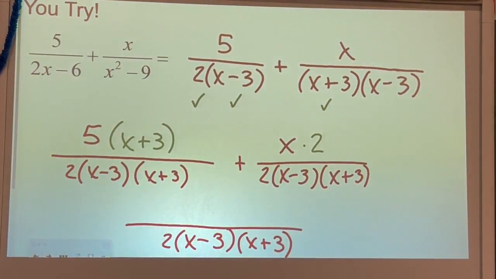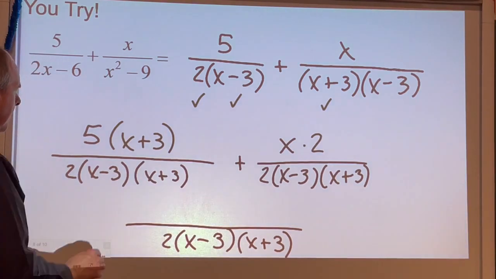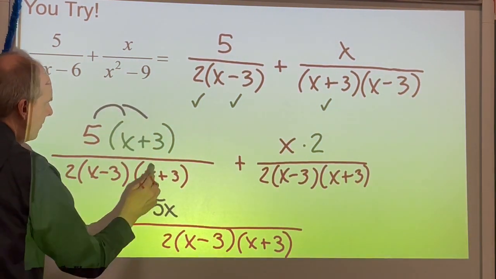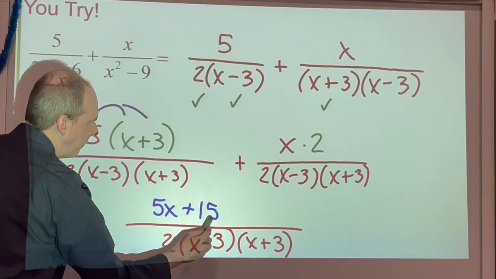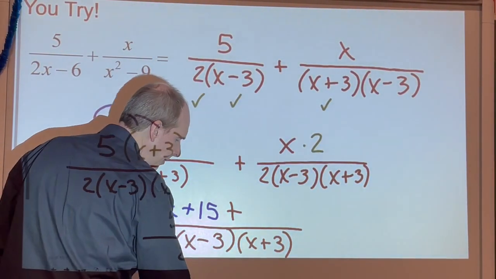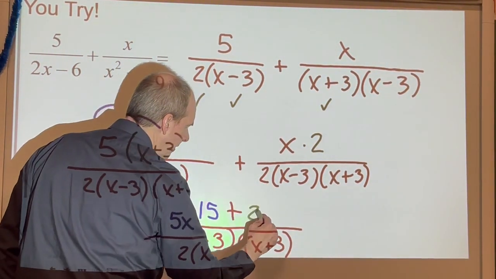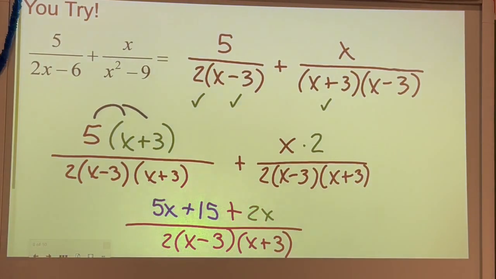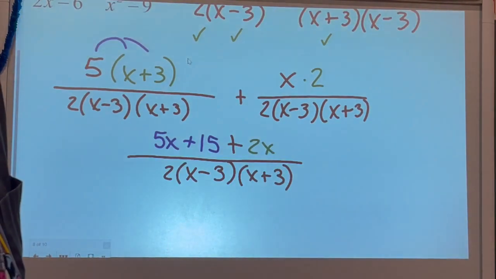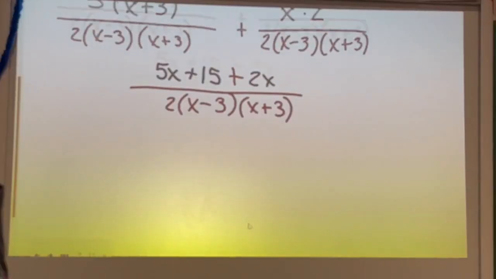Okay, and let's work on our numerators, multiplying using our distributive property as we go. 5 times x is 5x. 5 times 3 is 15. Plus, because this is a plus. And then we have 2 times x, that'd be 2x. Do you have any like terms?